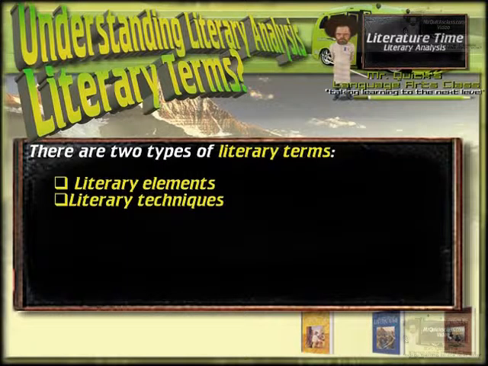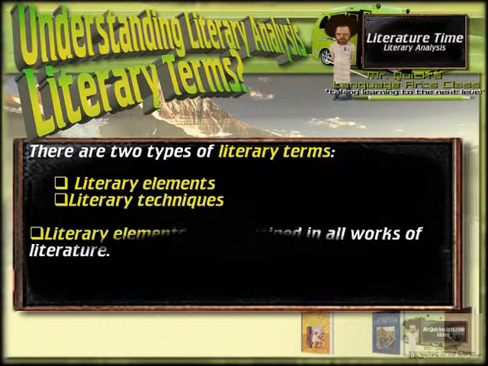So let's talk about the difference between the two, as you're writing down. Literary elements are those analytical devices or tools that you will find in all works of literature. And we're talking about fiction here.